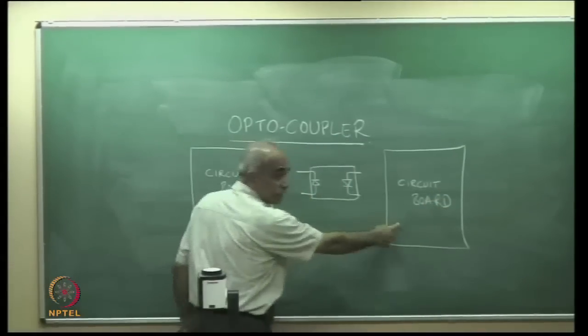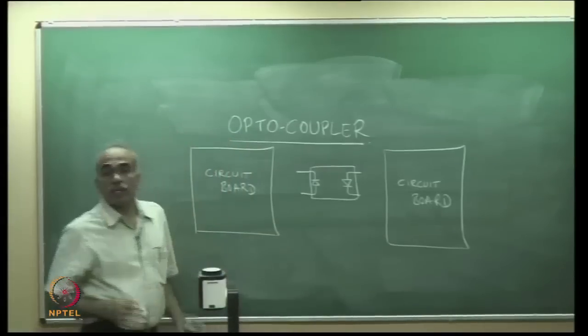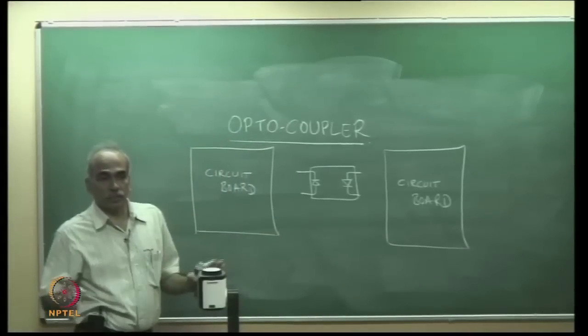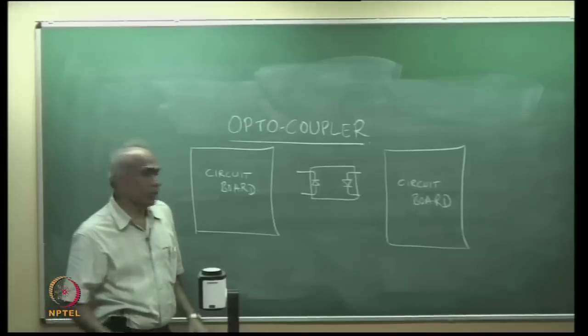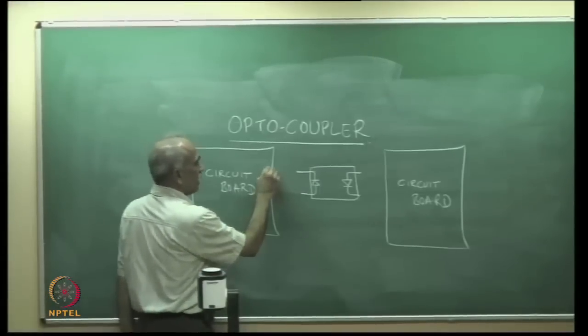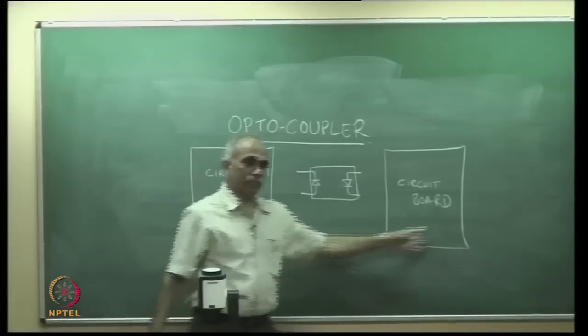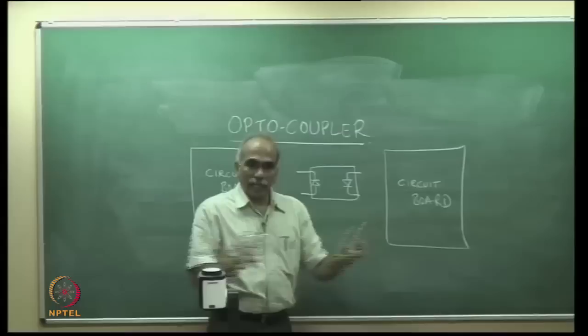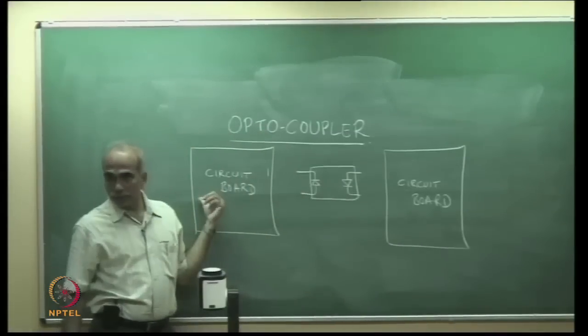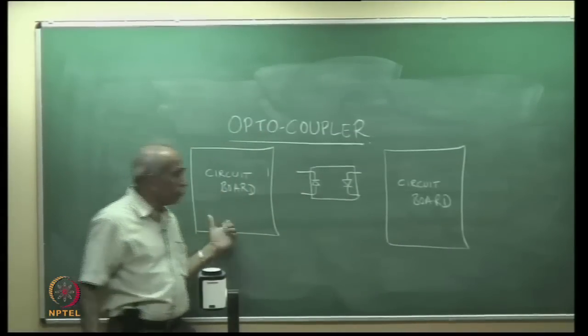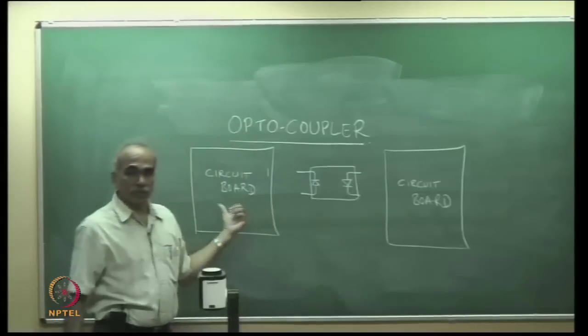You want to link these, but with complete electrical isolation. So how to do that? You just need an LED here. This is a signal processing board, and this is a signal processing board. You would like the two to be linked, but you want complete electrical isolation between these.